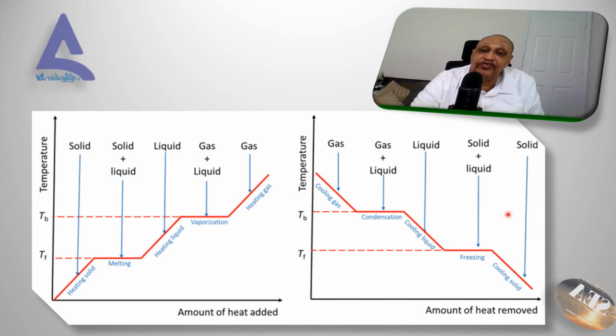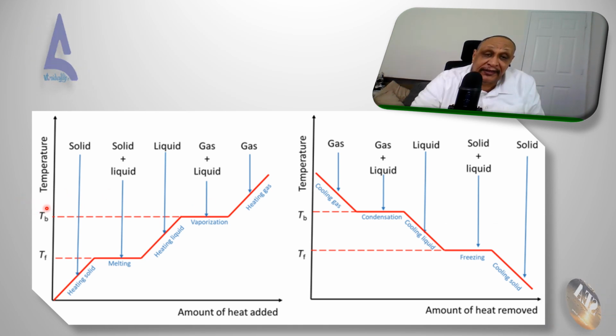By removed, we mean we cool the substance. Here we start with a solid, while here we start with a gas. This is very important, you have to know. Here we are going to increase the heat, here we are going to decrease the heat.